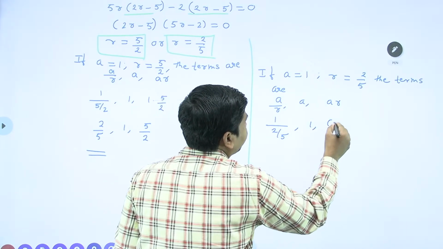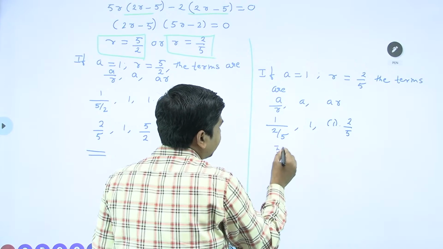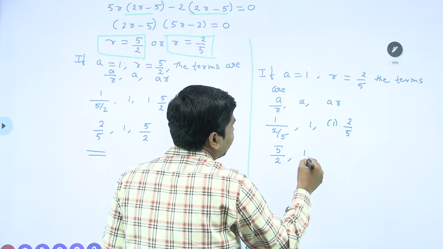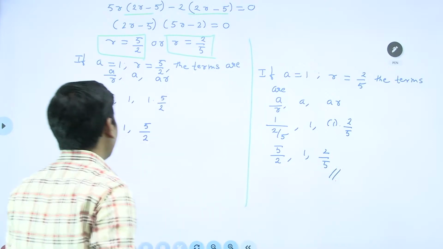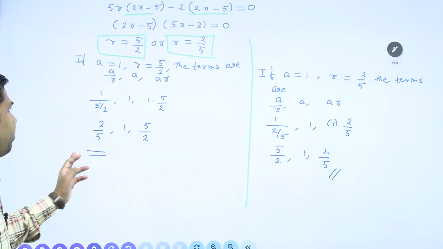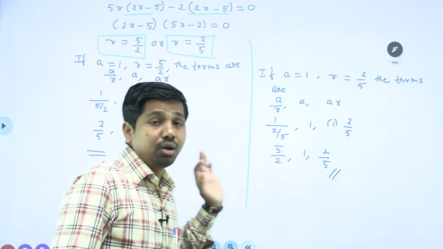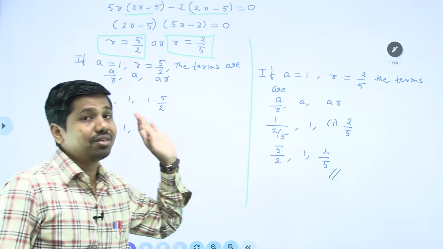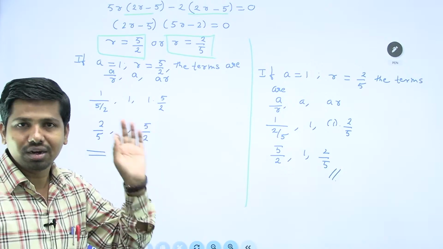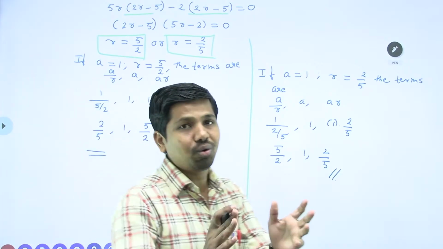It is 5 by 2, 1, 2 by 5. So we are writing two sets of the terms, that is 2 by 5, 1, 5 by 2, or 5 by 2, 1 and 2 by 5, where product equal to what? 1. And sum equal to what? 39 by 10.